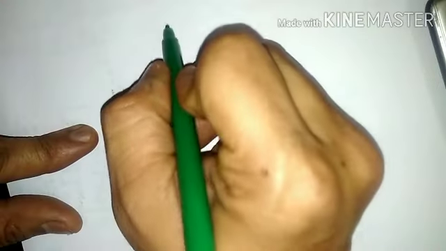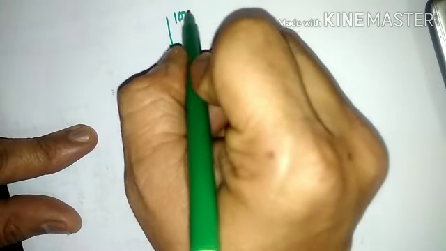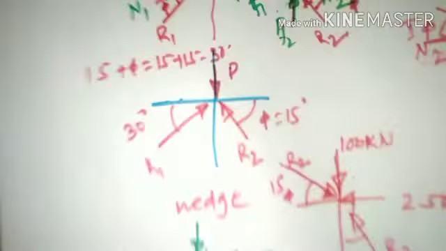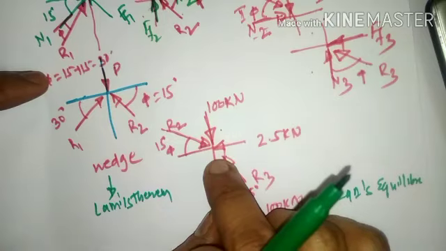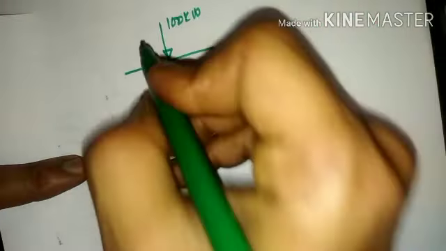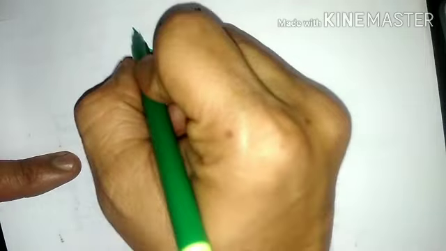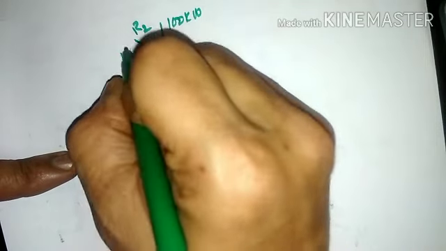Now I shall draw this particular diagram again for the solution purpose. The 100 kilonewton block has no change in this diagram. Whatever diagram we had drawn earlier, the same diagram we are going to represent. 100 kilonewton force downward. R2 is placed in the second quadrant, making an inclination of 15 degrees.